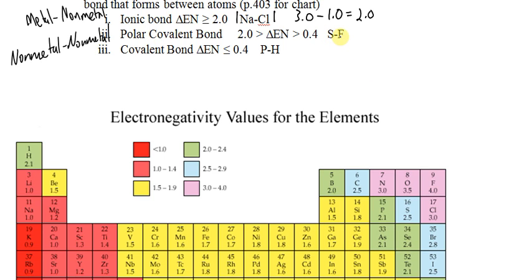In the case of the S to F bond, we have S at 2.5 and F at 4.0. So in the case of fluorine, we've got 4.0, and in the case of sulfur, we've got 2.5, which makes a difference of 1.5, and that puts us clearly in the polar covalent bond range. At which point then, we could be identifying the partial positive end and the partial negative end.